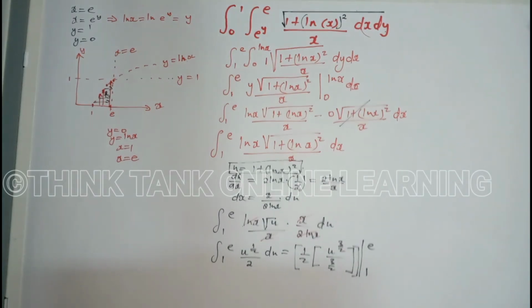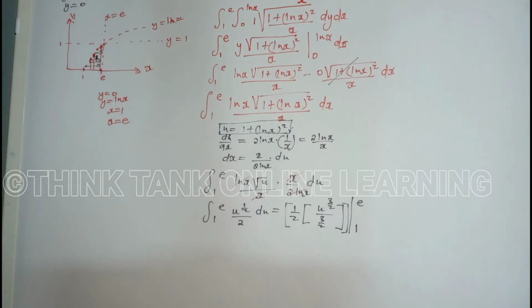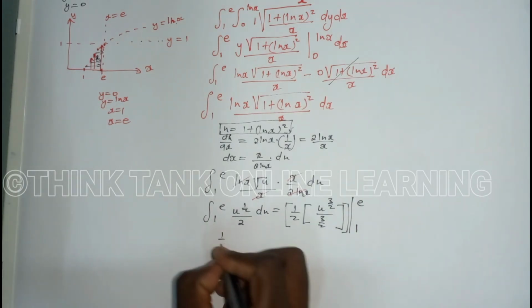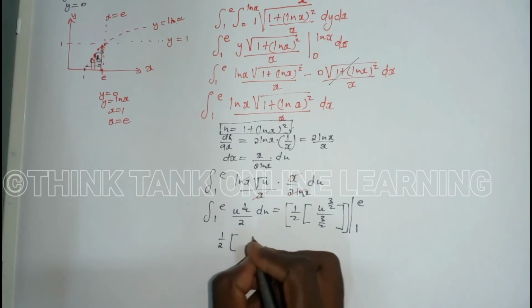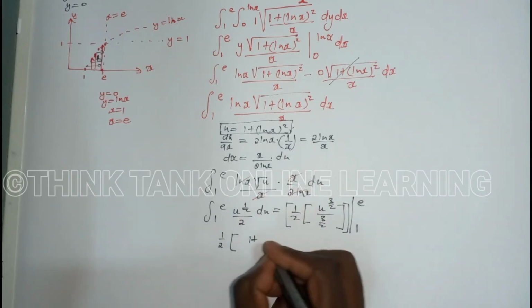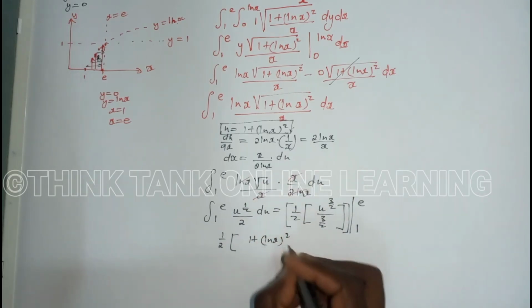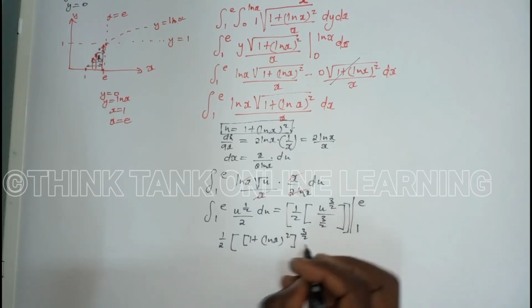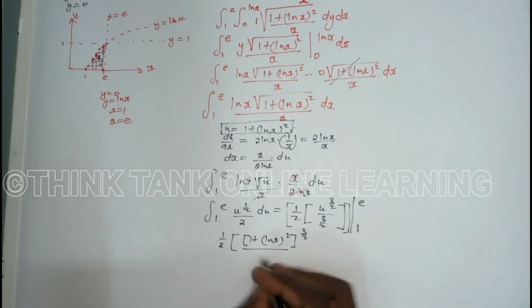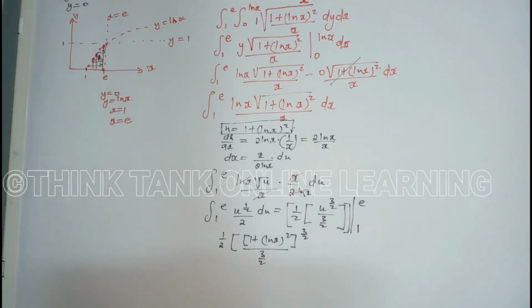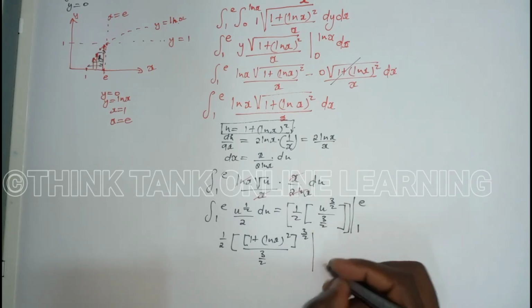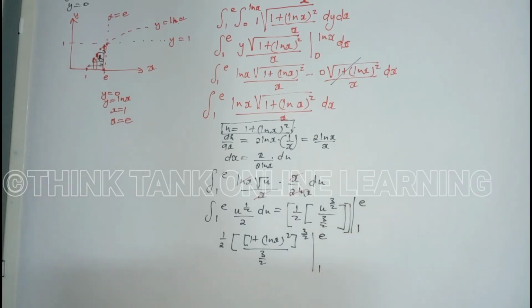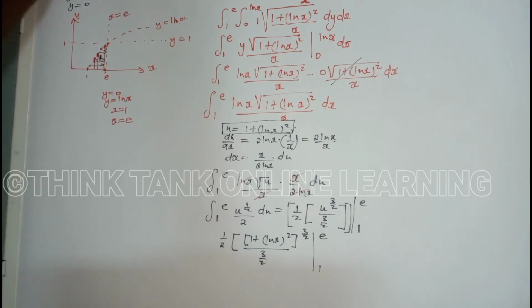So this is going to be 1/2, and for u it's 1 plus ln x squared, and remember it's to the power 3 over 2, and we're going to divide this by 3 over 2. We're going to put our limits 1 and e, and we're going to say upper bound minus lower bound. Let's do that.